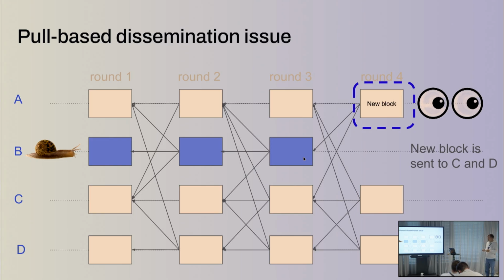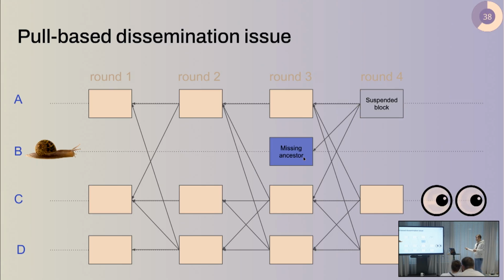I send it, but now we look from the perspective of validator C. It doesn't have that slow chain of blocks from validator B. We received a block from validator A, and it points to some block of validator B, which is missing in our local DAG or local perception.